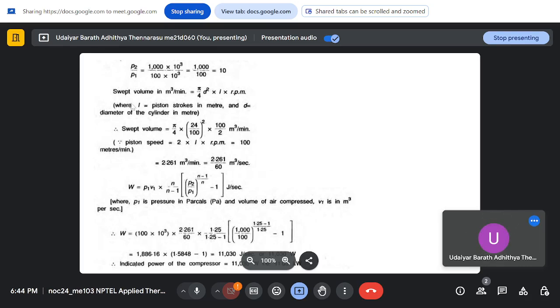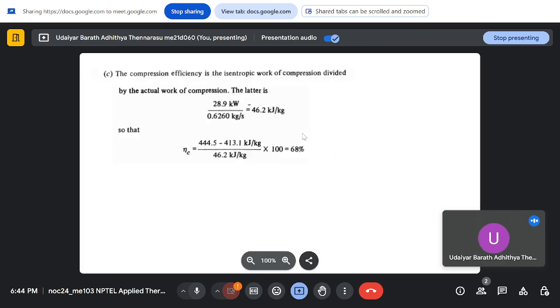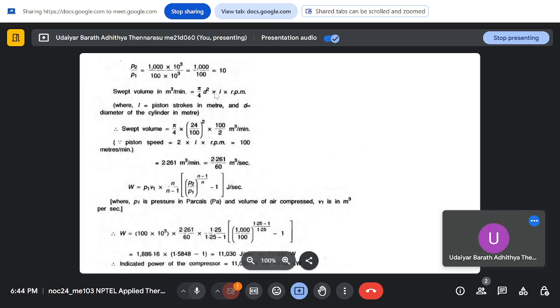The swept volume in meter cube per minute is pi by 4 D square into L into speed, which is rotation. The swept volume is pi by 4 into 24 by 100, since the diameter is given as 24 centimeter, so 0.24 square, into speed.